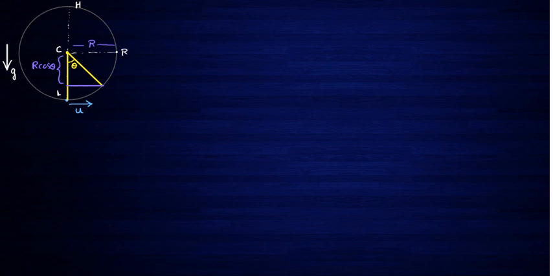So the height that the particle has climbed is r minus r cos theta. This is the height that the particle has climbed after a certain time t when it reaches the angle theta. Currently the particle is over here.